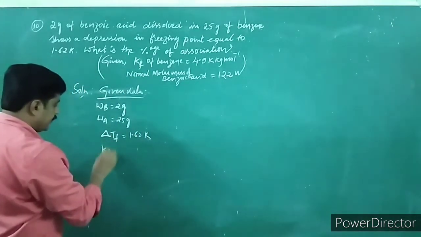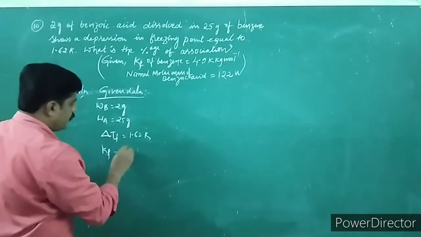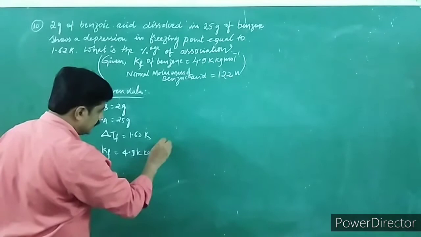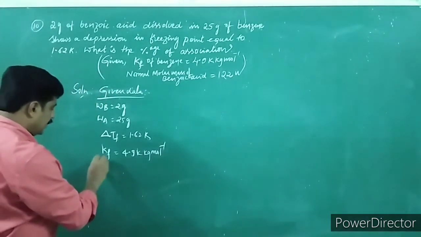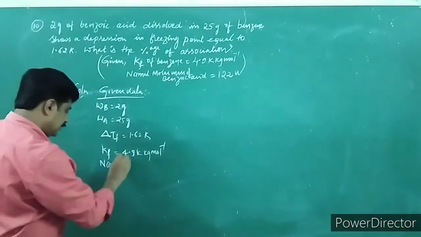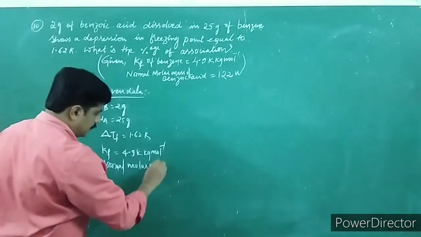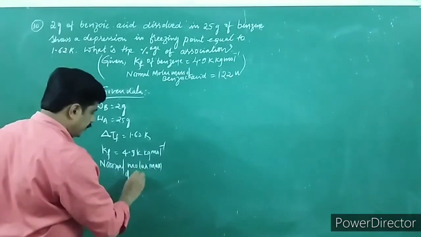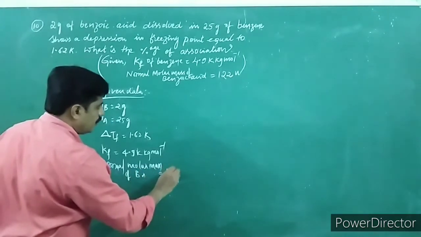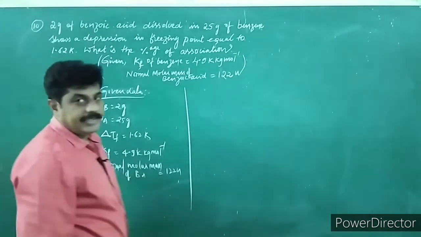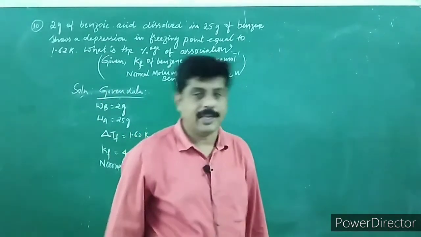Kf of benzene is given, how much? It is 4.9 Kelvin kg per mole, is it not? And what else is given? Normal molar mass of benzoic acid, that is equal to how much? 122 unified mass. Children, what are they asking? They are asking the percentage of association.